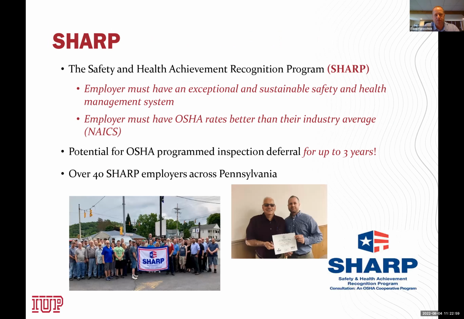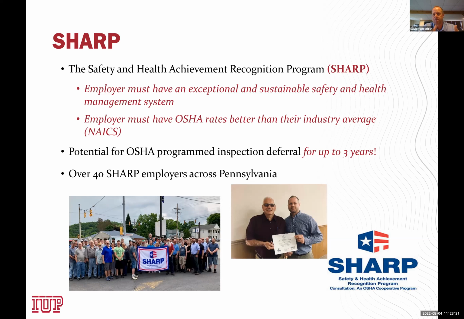One other thing I'd like to just mention real quick is a recognition program called SHARP, and this is who I specifically work with through the OSHA consultation program. What SHARP is, it's a safety and health achievement recognition program for businesses that manage to have exemplary safety and health programs.